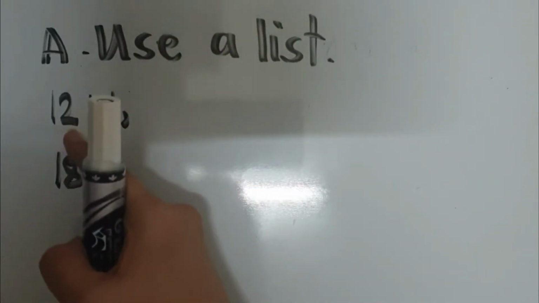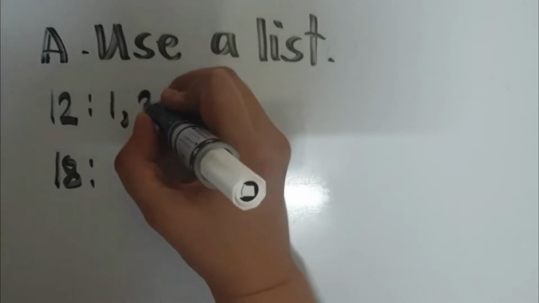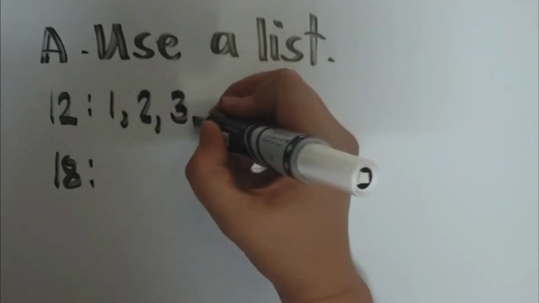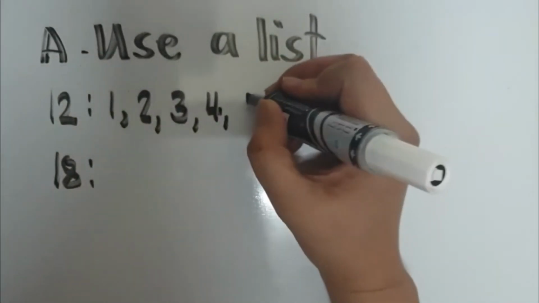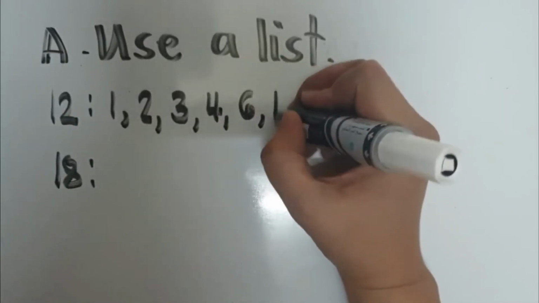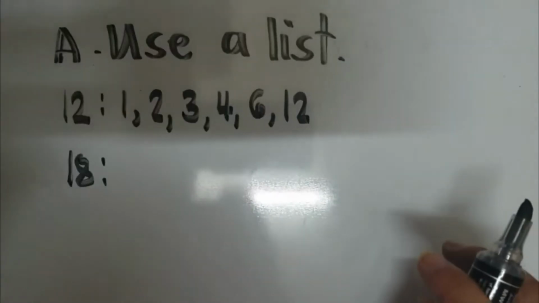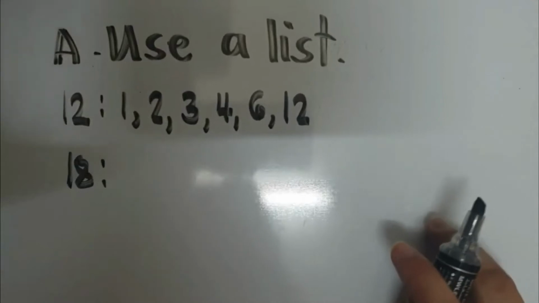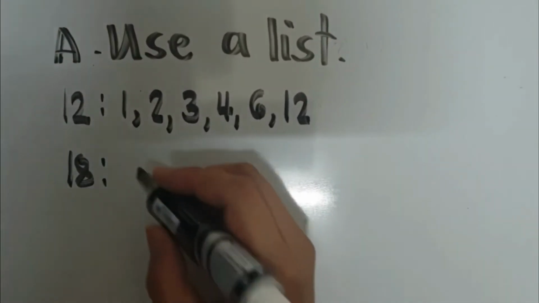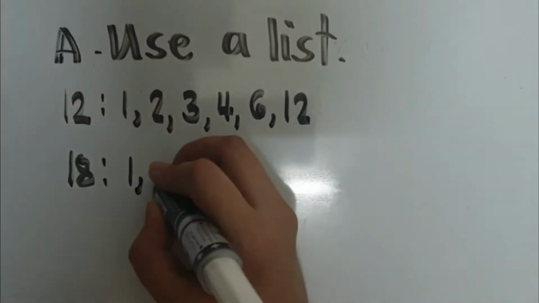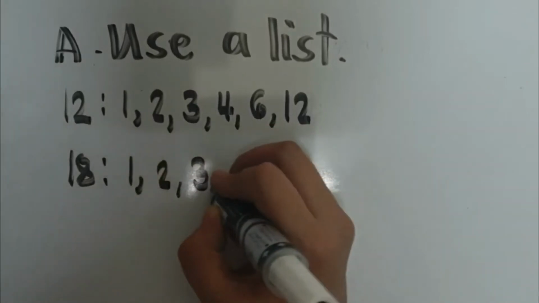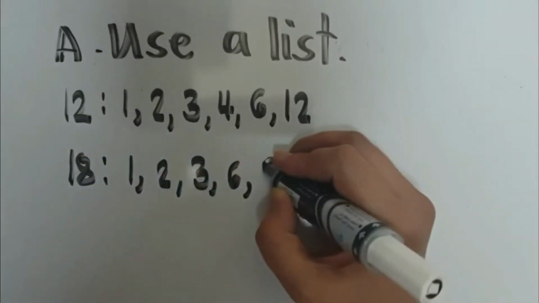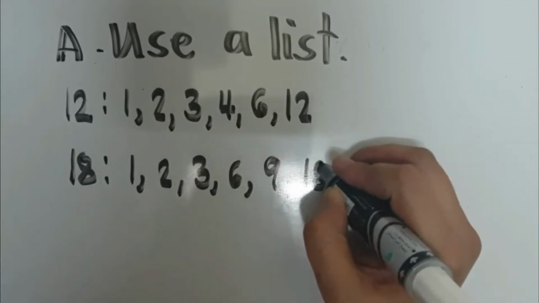So, the factors of 12 are 1, 2, 3, 4, 6, and 12. While the factors of 18 are 1, 2, 3, 6, 9, and 18.